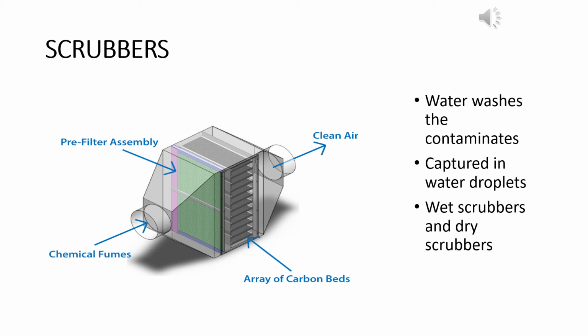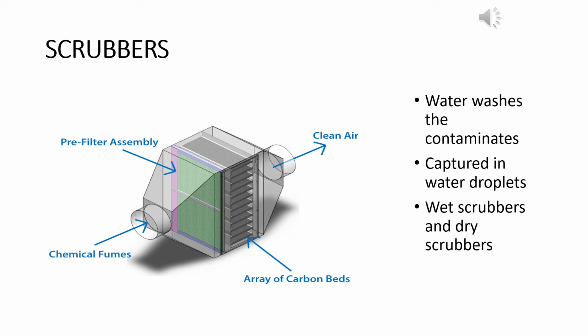So how is it removing the waste from the gas? In the picture of the slide you can see that there is an inlet of the chemical fume, that is, the inlet of the contaminated air. Inside the scrubber there is a pre-filter assembly and an array of carbon beds. All of these things are called the packing materials.